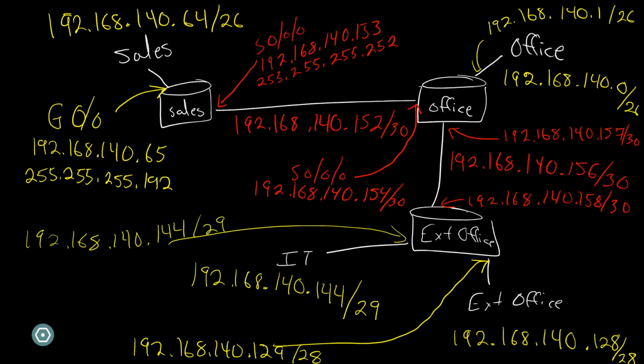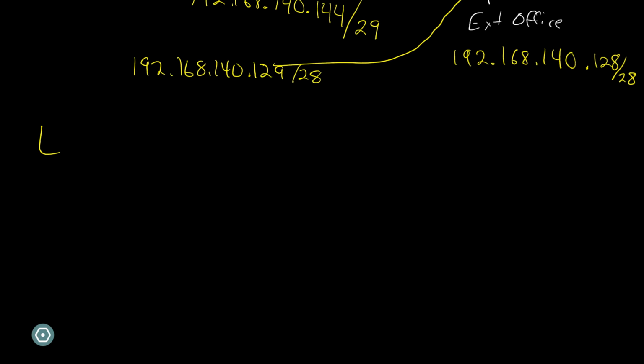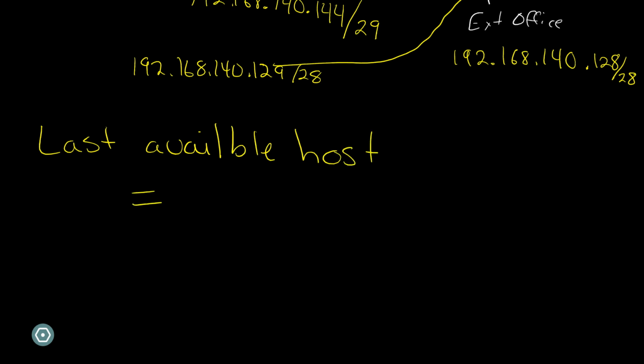If a packet tracer says that you need to assign a PC the last available host address, the last available host is one less than the broadcast.